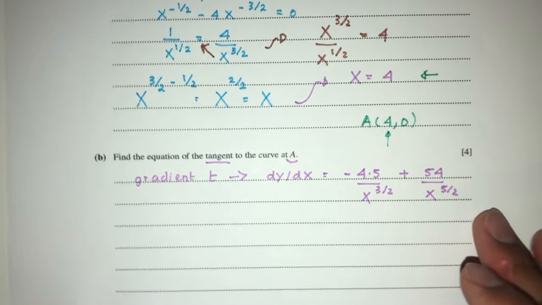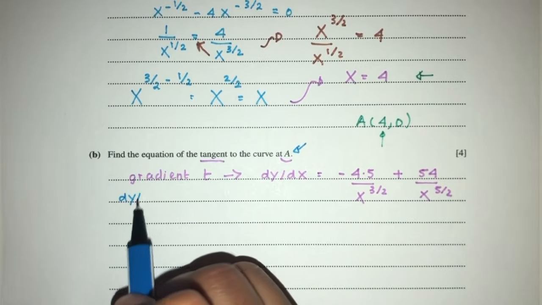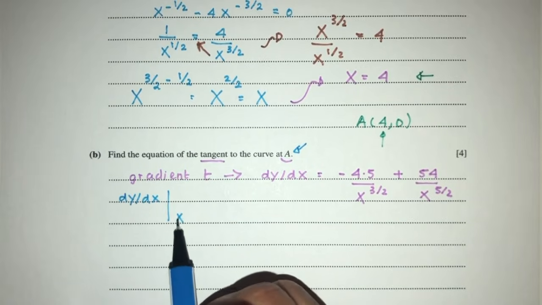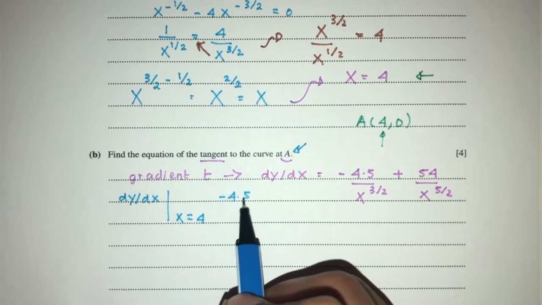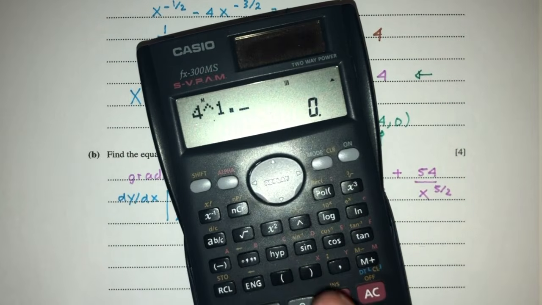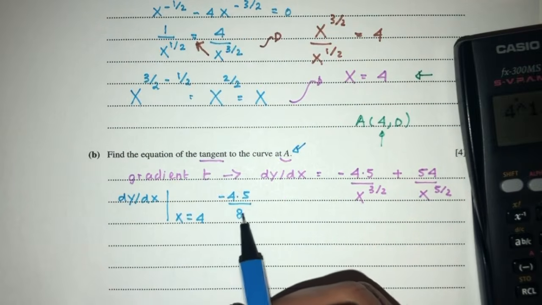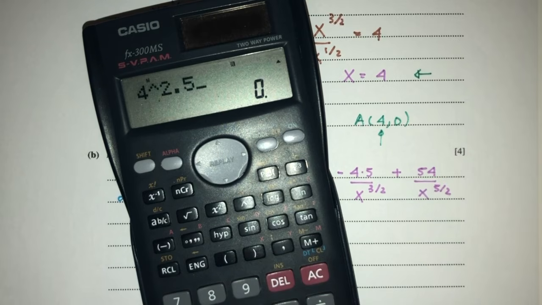Okay, should be fine. So now let's simplify. We have to find dy/dx at the point A. So that will be dy/dx at the value of x equal to 4, right? That will be minus 4.5 divided by 4^(3/2), which is 8, plus 54 divided by 4^(5/2), that should be 32.